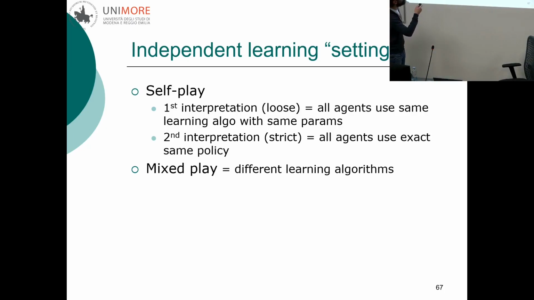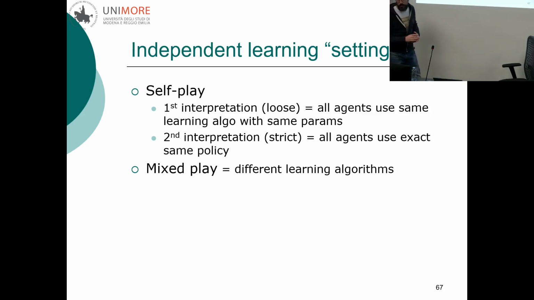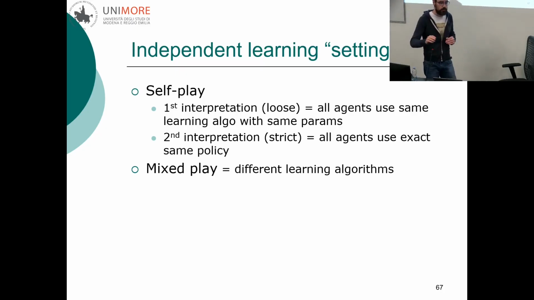A stricter interpretation instead would be that the agents use the exact same policy. So they learn the exact same policy. Mixed play instead means that we can have heterogeneous agents. So we can have a pool of agents, each with its own learning algorithms, whatever. Again, this is just about the terminology you may find.